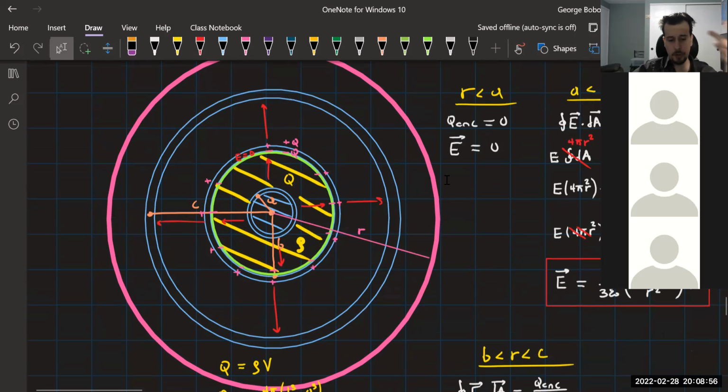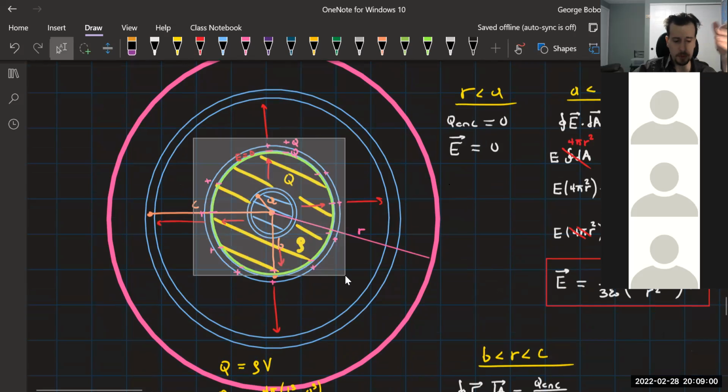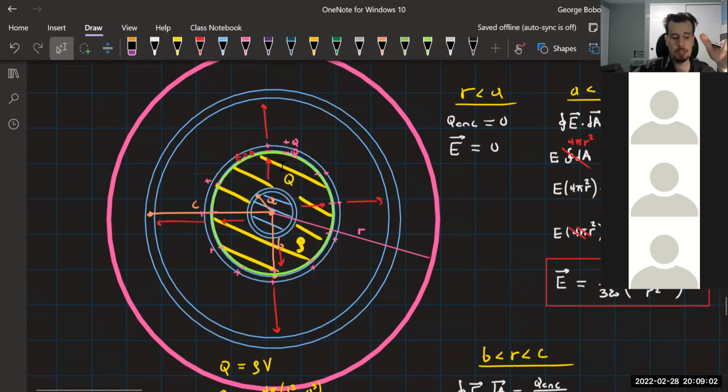But then if I ask you guys again, look what the charge underneath you is right now. It is just positive Q. How many charges do you think I should pile up along here to stop the electric field again? Negative Q.